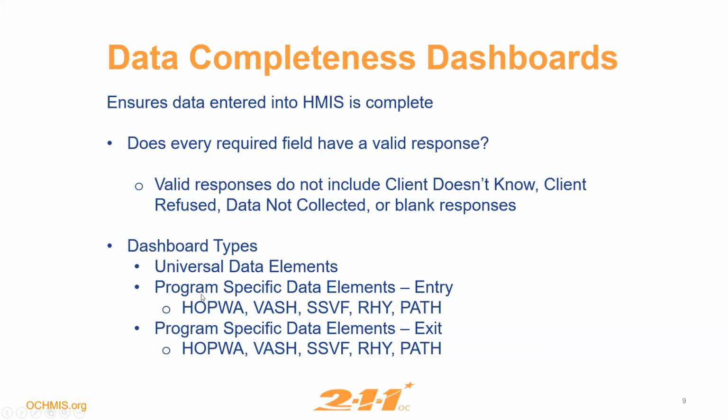And then there are program-specific data elements at entry and exit, and these are more of the fields that are on the enrollment screen, like the types of disabilities, whether or not they're a victim of domestic violence, income, health insurance, non-cash, that kind of stuff.